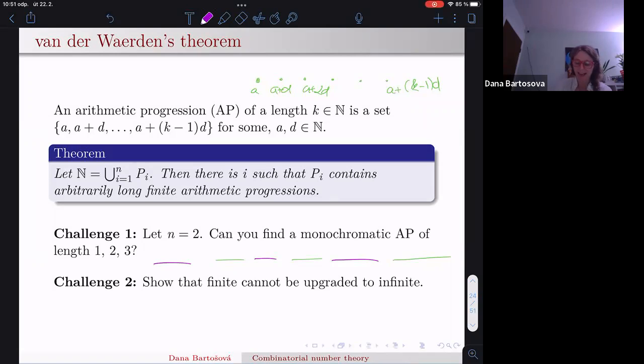Well, I can imagine you're as tired as I am, or just thinking that this is a very silly question. Of course, one of the pieces has to be non-empty, and an arithmetic progression of length 1 is just a single element. So done.